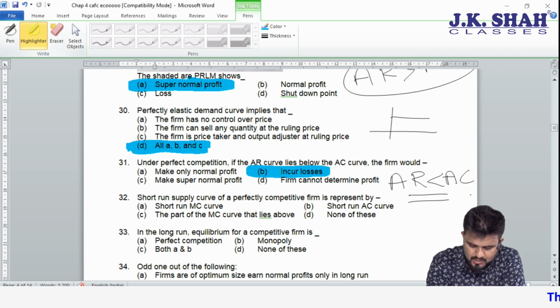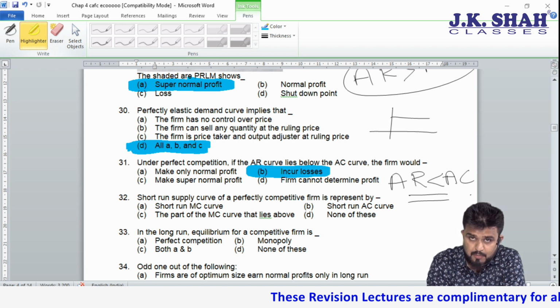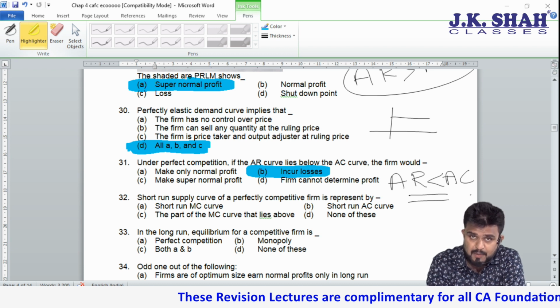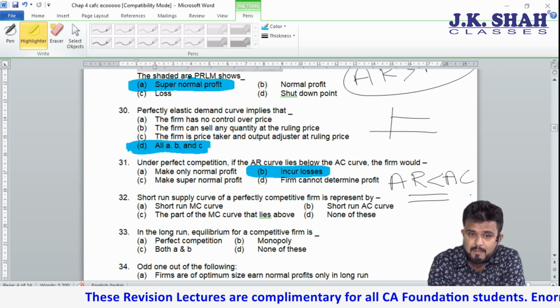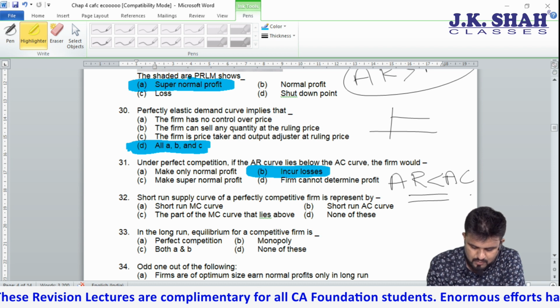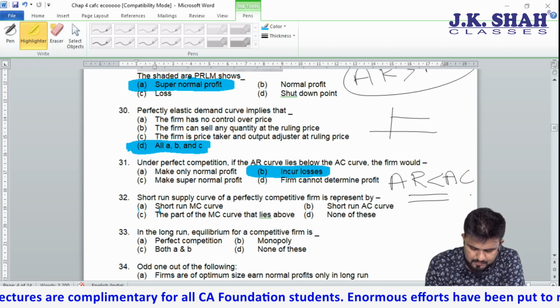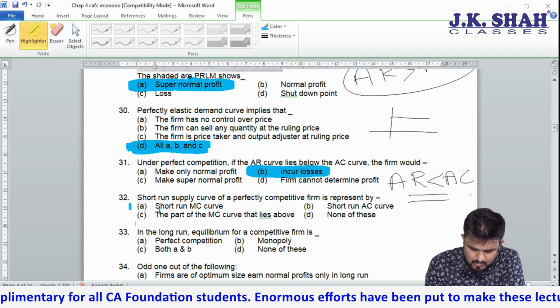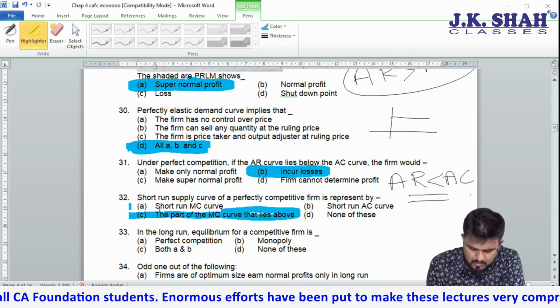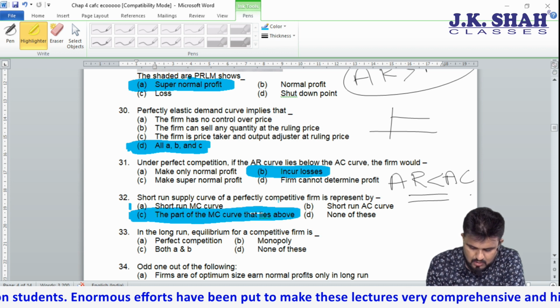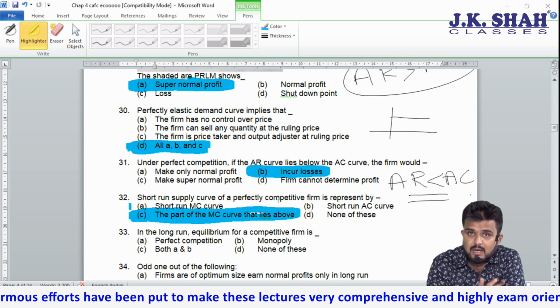Next, the short-run supply curve of a perfectly competitive firm is represented by. So can I say under a perfectly competitive market, the supply curve is always represented by the marginal cost curve, the part of the MC curve that lies above.